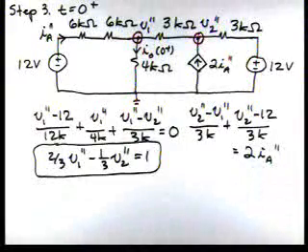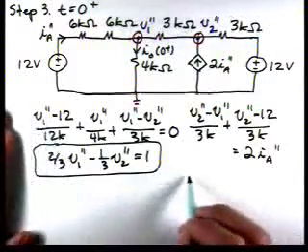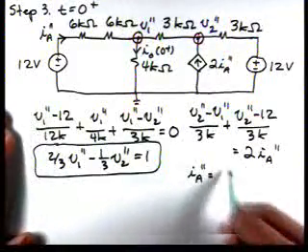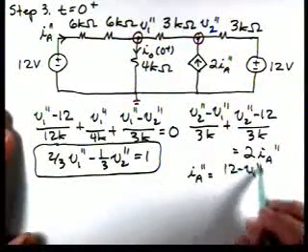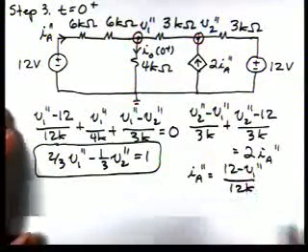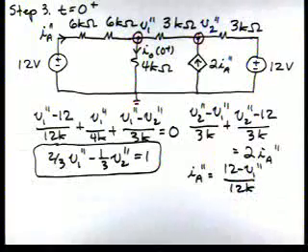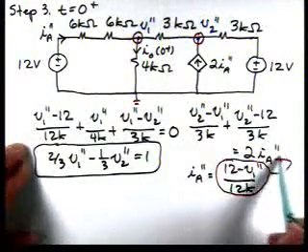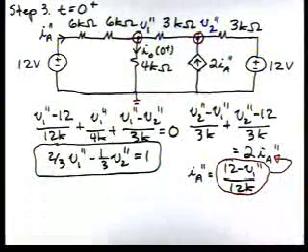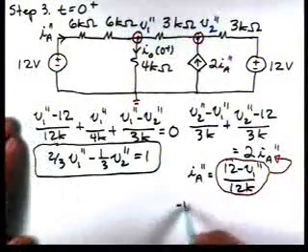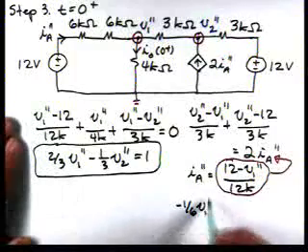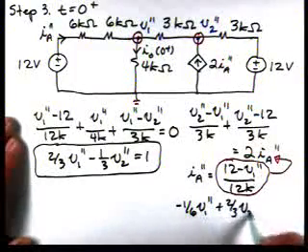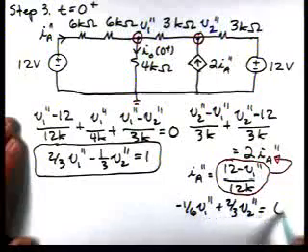And if we look at our circuit, we can see IA double prime is 12 minus V1 double prime over 12K. Now if we take this and substitute in here, what we get is minus 1/6 V1 double prime plus 2/3 V2 double prime is equal to 6.